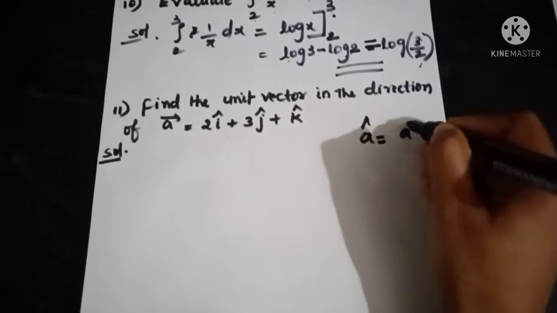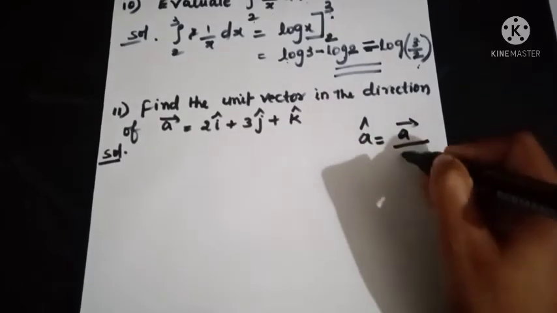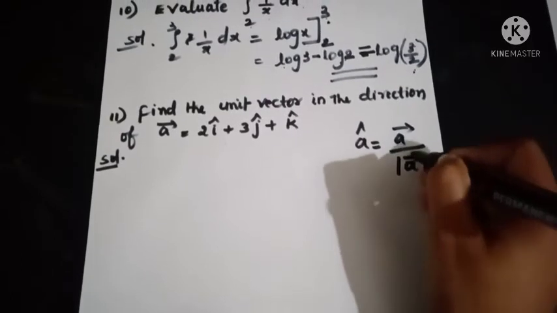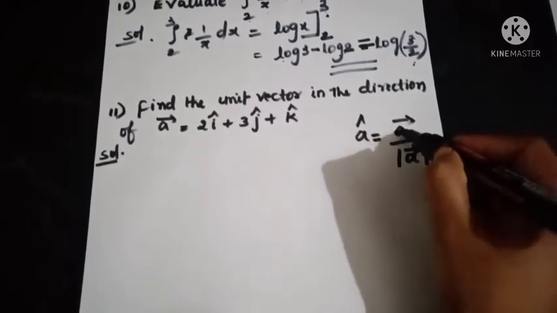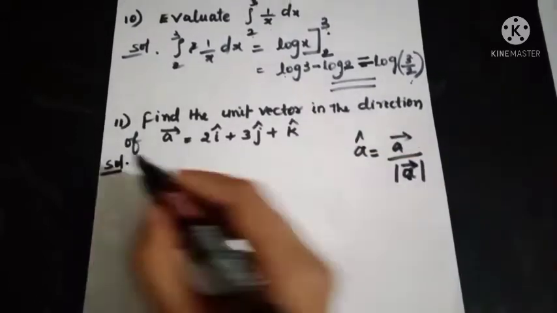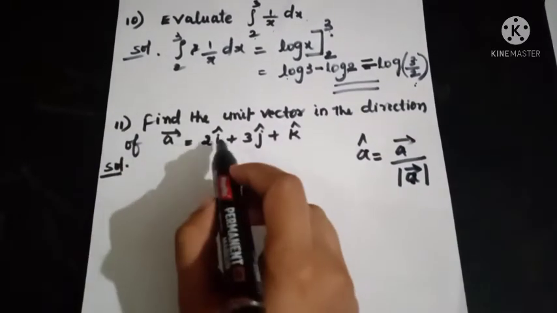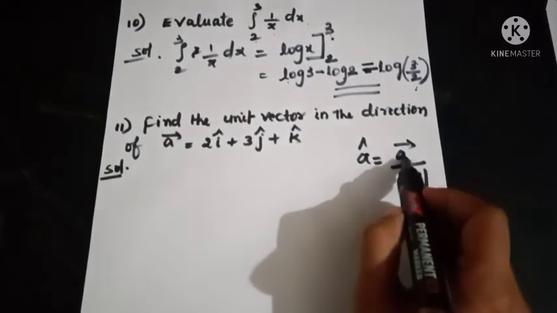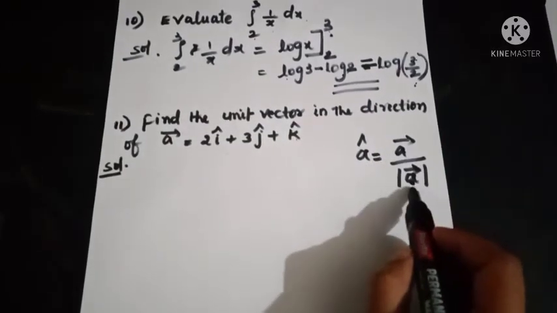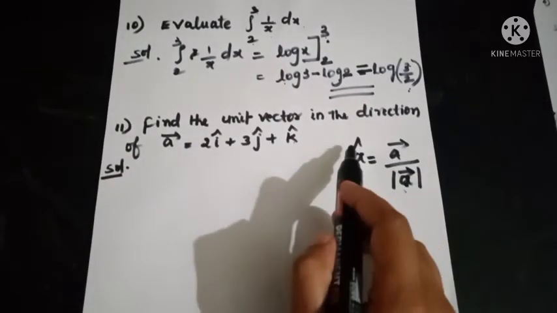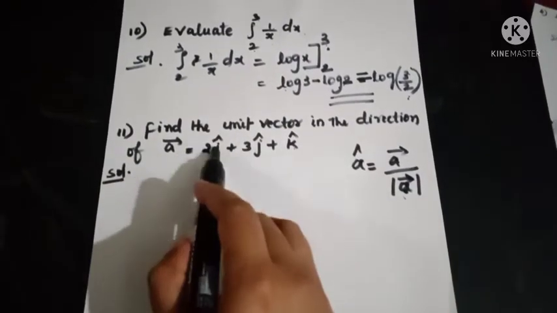It is defined as the vector a divided by the modulus of vector a, divided by its magnitude. Take a vector and divide by its magnitude, we get the unit vector. So the given vector is 2 i cap plus 3 j cap plus k cap. That is the vector a. Now we need to find the magnitude of this vector and divide, we get the unit vector in this direction.